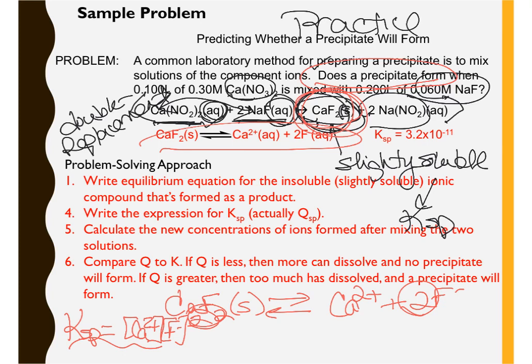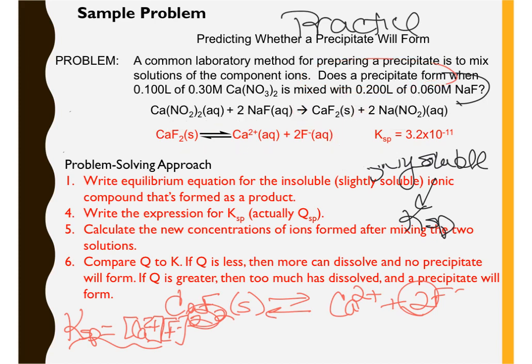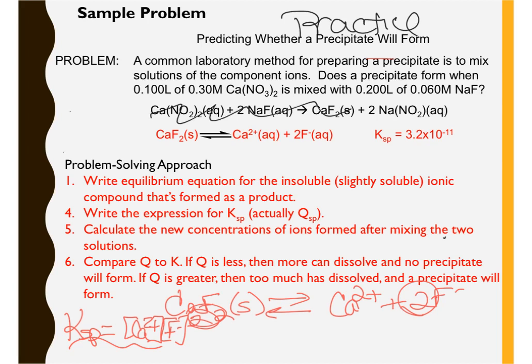Now the problem gives you a Ksp, and that's important to notice. So when I said you don't usually have to write out this reaction like I have here, it's because whatever they give you a Ksp for, they'll usually tell you what it is. They'll usually say, okay, calcium fluoride has a Ksp value of that. They're telling you what the insoluble solid product is. So you usually don't have to think through it on your own.